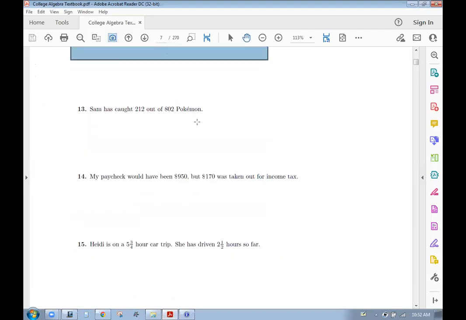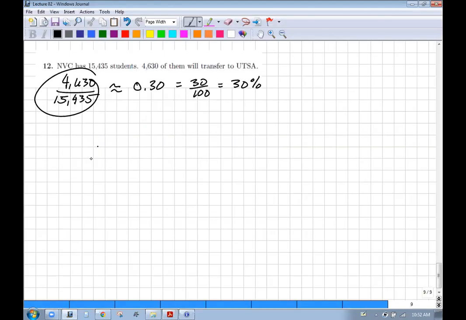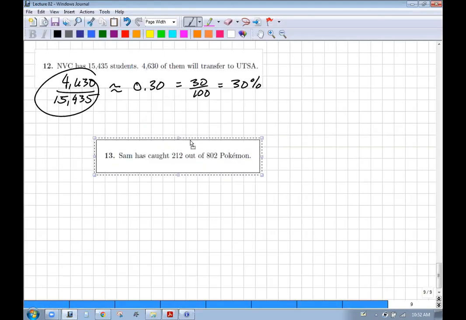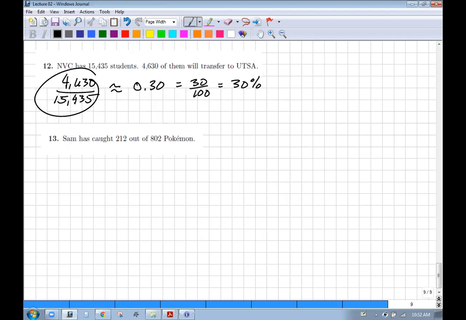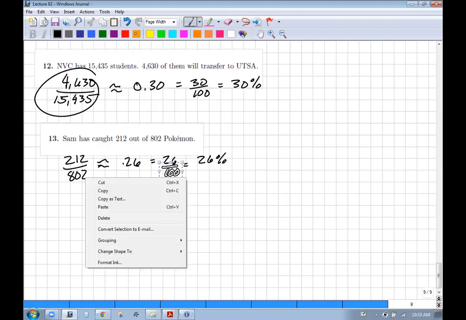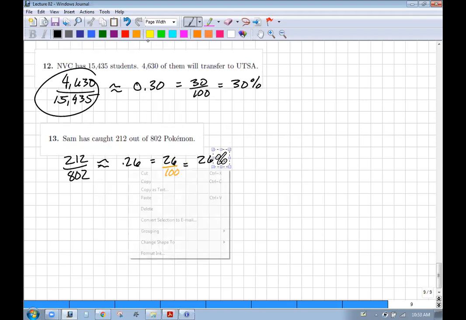Let's look at these. Sam has caught 212 out of 802 Pokemon. We plug this into our calculator. I'm getting approximately 0.26. So this is 26 out of 100 or 26%, right? Remember, this means this.